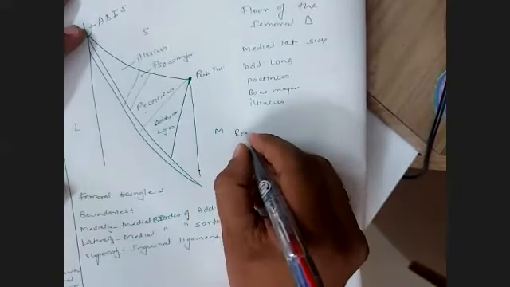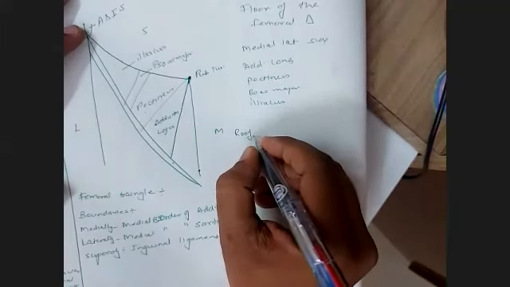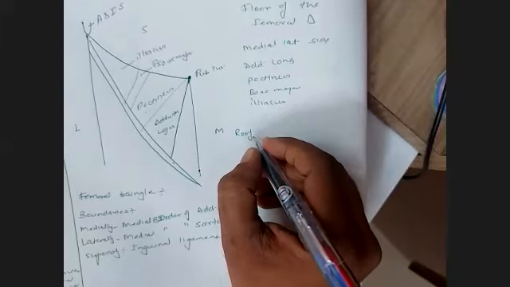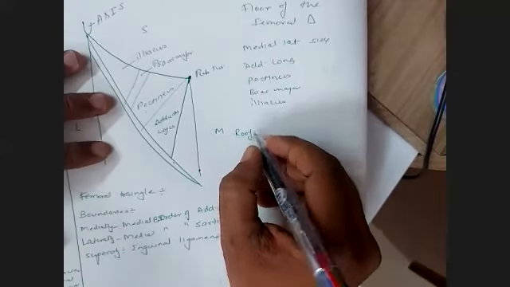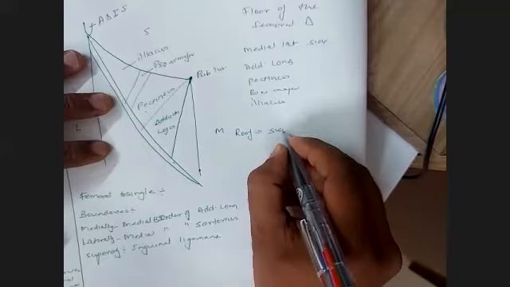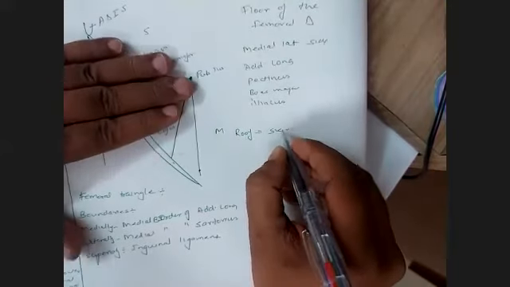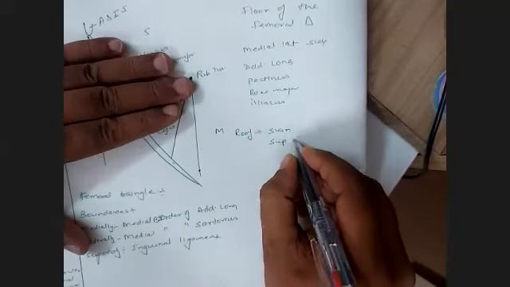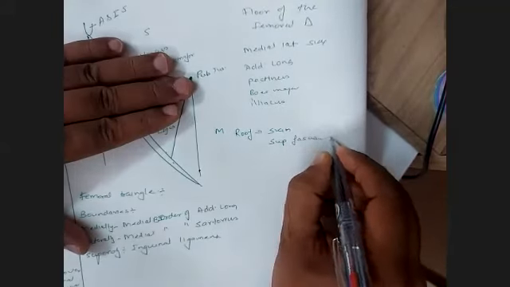Then what are the structures forming the roof of this triangle? The roof of this triangle is formed by skin, and the superficial fascia. And what did the superficial fascia contain?